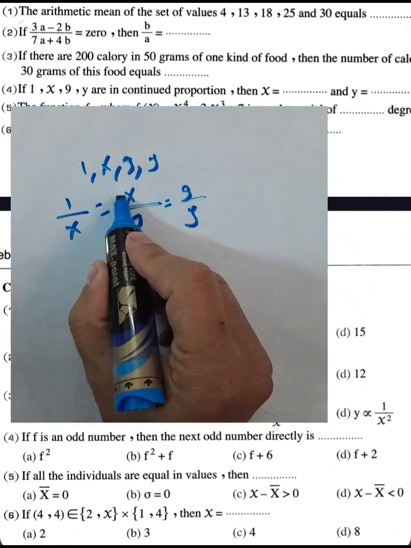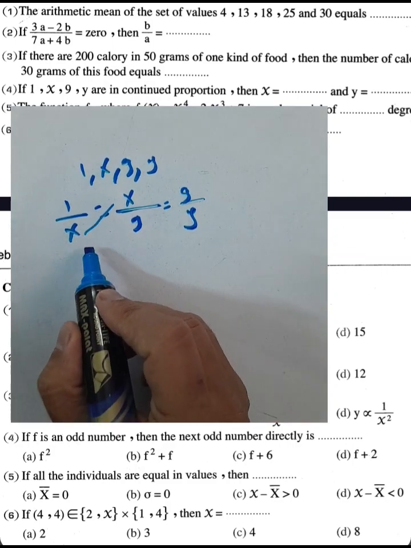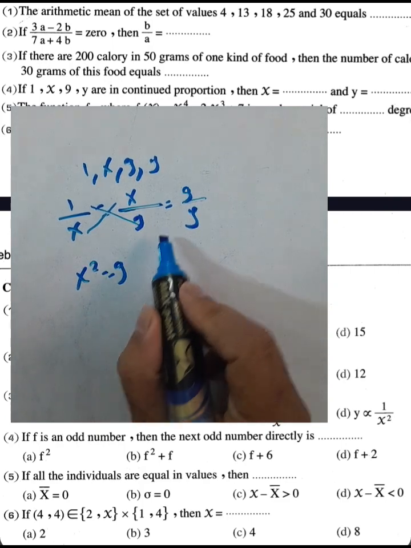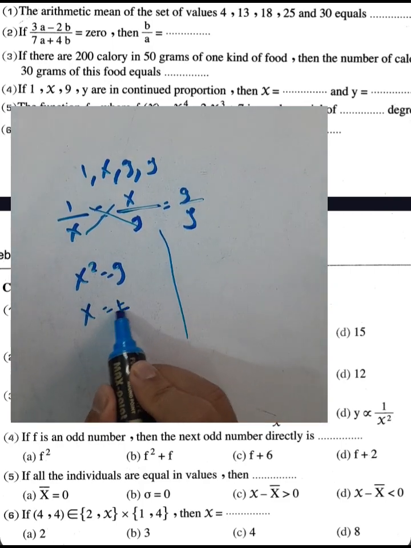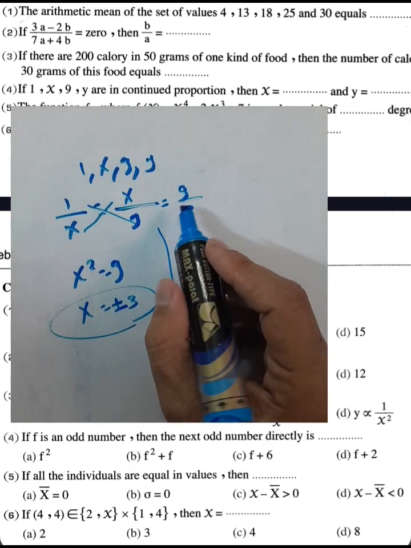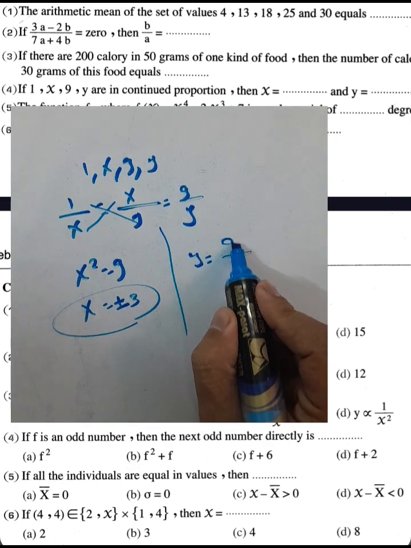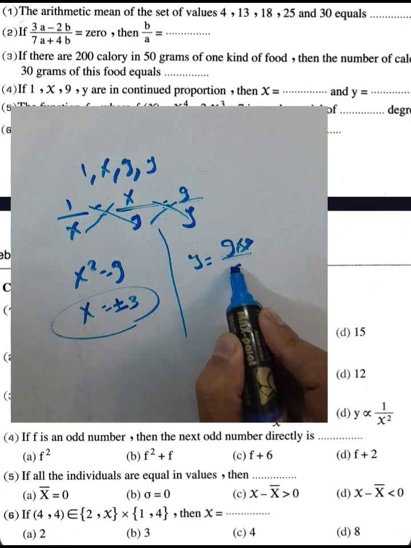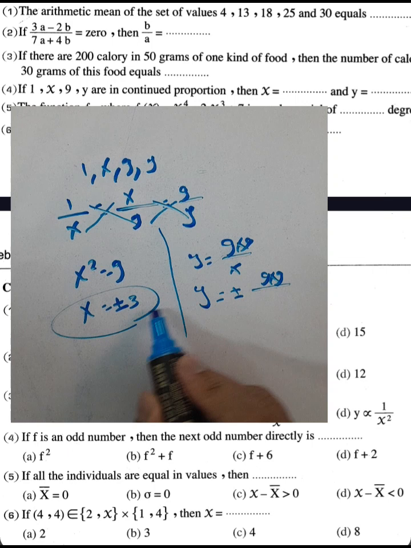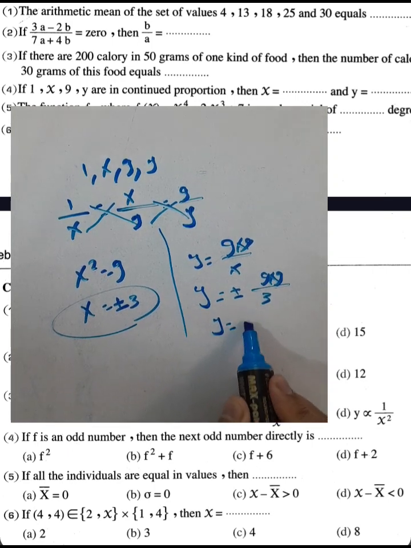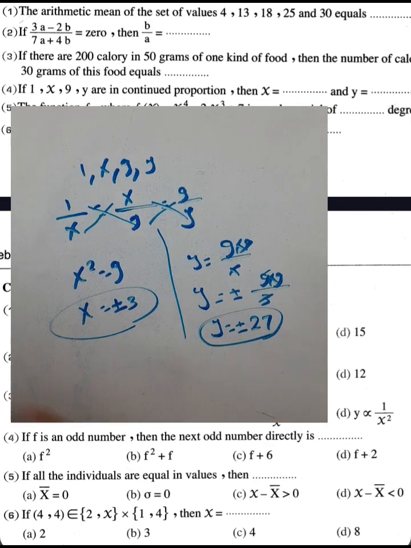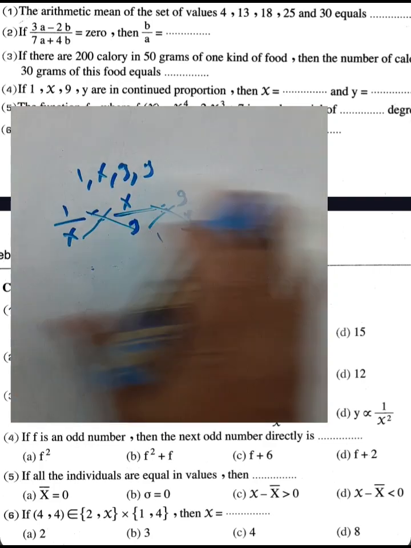Then x squared will be 9, so x will be positive or negative square root of 9, which is 3. And y will be equal to 9 times 9 divided by x. With x positive or negative 3, y will be positive or negative 9 divided by 3 equals 3, 3 times 9 equals 27. Then we have two values for x and y.